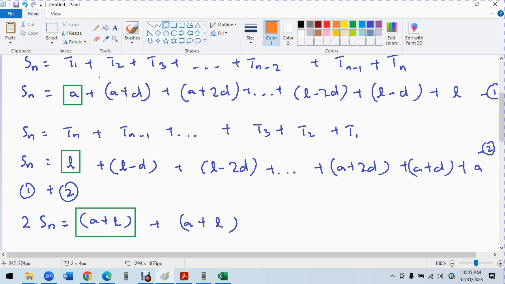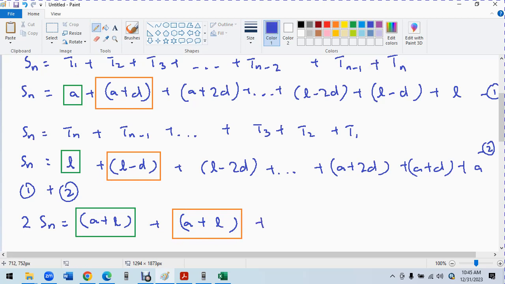Because we have a plus d added with l minus d. A plus l, the d minus d is not there, so it becomes a plus l. For this one also a plus l. Why? A plus l, 2d minus 2d is not there.